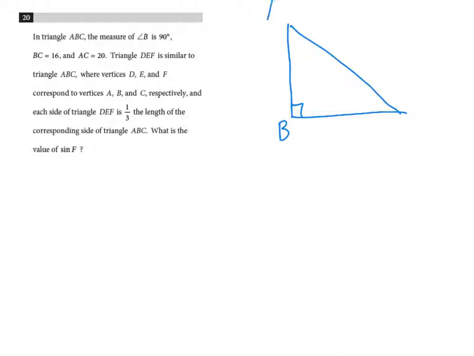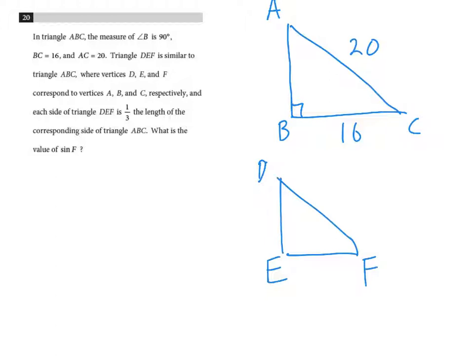So that's A, and that's C. Well, that means that AC is 20, and BC is 16. And triangle DEF is similar. Okay, DEF, so that's going to be D. E is going to be corresponding to B because it's in the middle, and C corresponds to F.